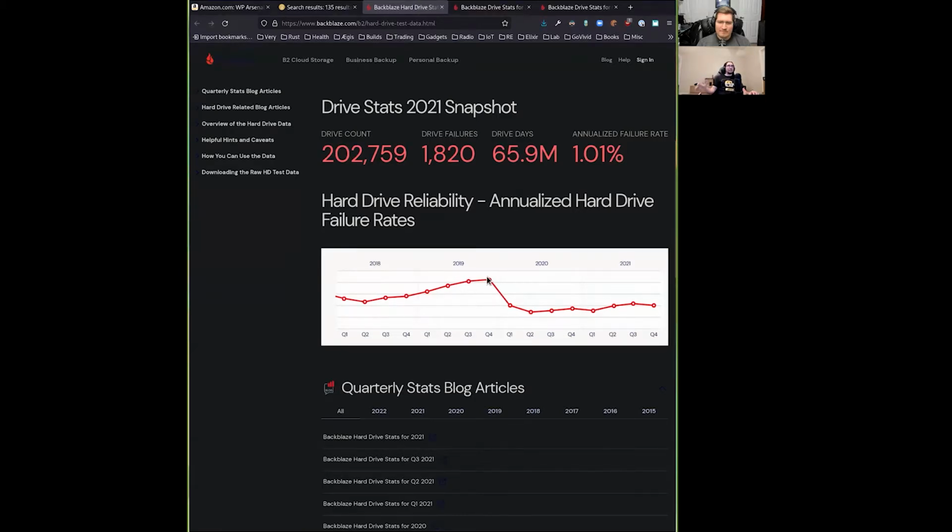There's another chart where we'll see essentially this same trend, but on a per brand basis, which gives us a lot of information. It'll tell us exactly which brand we want to buy from, but we'll get to that in a bit. And it's interesting also because it's the most expensive hard drive.